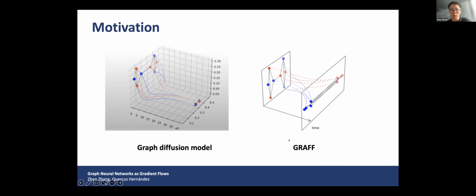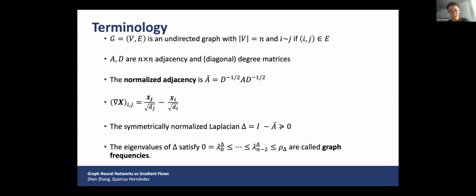However, for their newly proposed architecture, GRAFF, they don't have this over-smoothing phenomenon, in the sense that even as time goes to infinity, or the layers go to infinity, you can still differentiate between these nodes. We can see that these blue nodes are still different from each other. So that's the basic motivation.